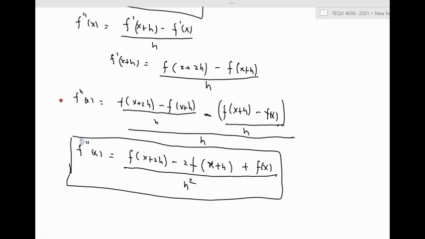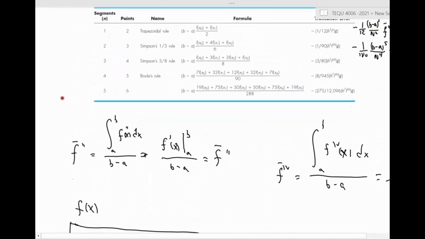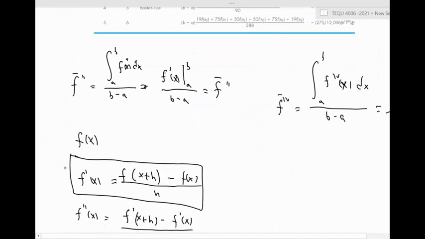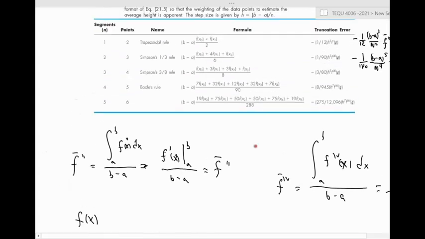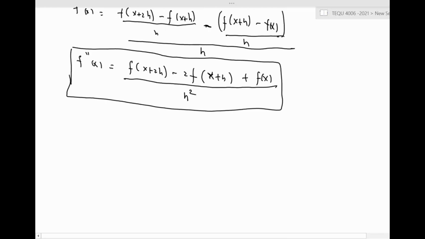If I'm doing, for example, truncation error, this is more than enough. That's all I need. This is for the trapezoidal rule. Now, if I'm doing composite Simpson or Simpson 1/3, well, that's another story because I will have to keep going. And right now I'm at the second derivative you are seeing here.